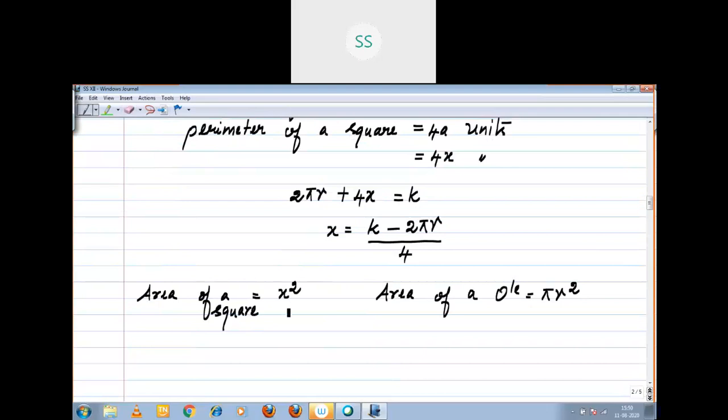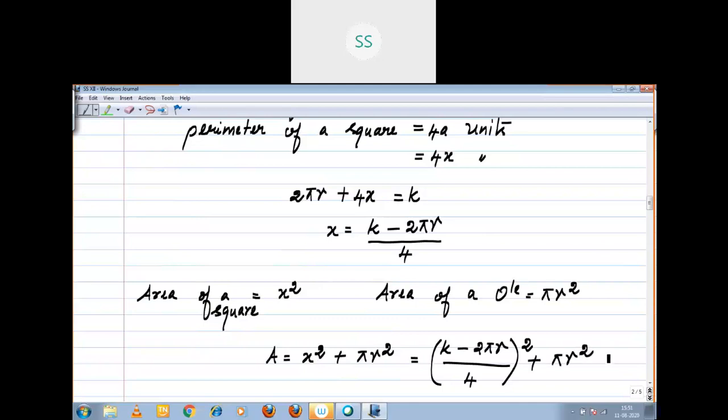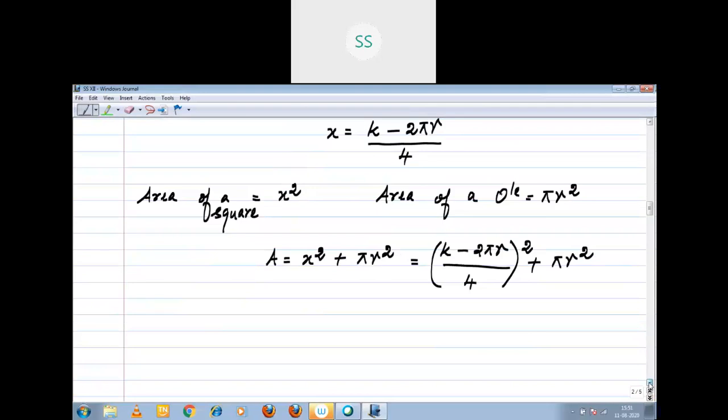Now they said the sum of their areas. So A equals x square plus pi r square. Now x can be replaced by k minus 2 pi r divided by 4, the whole square, plus pi r square. Using the a minus b whole square identity, you expand the first bracket.